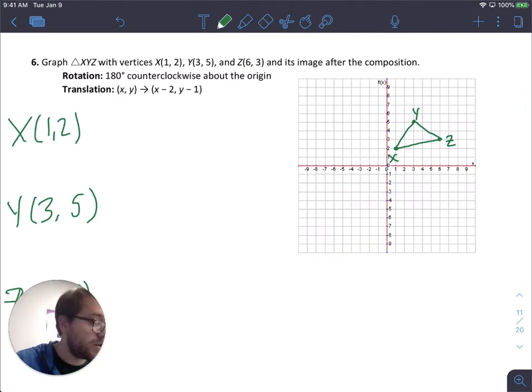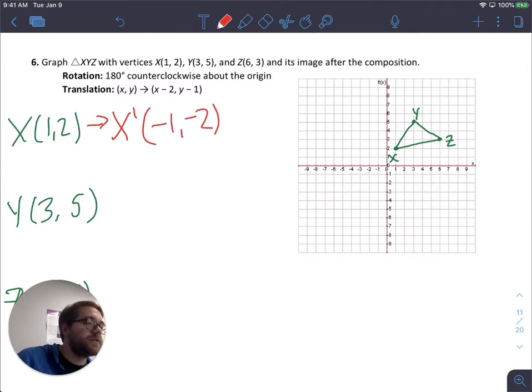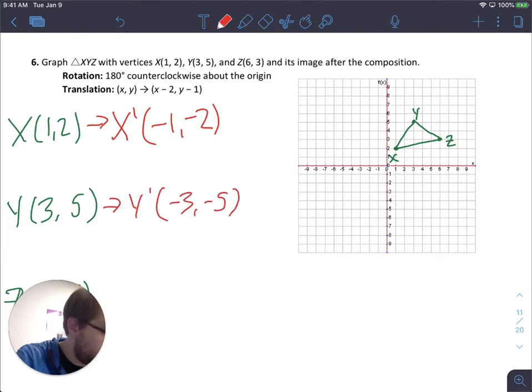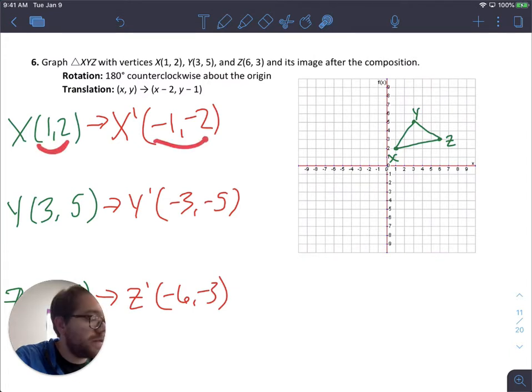When you rotate 180 degrees, the coordinate rule says I just change the signs of my x and y. So you can see I had 1 and 2, but when I rotate 180 degrees, that's -1, -2.